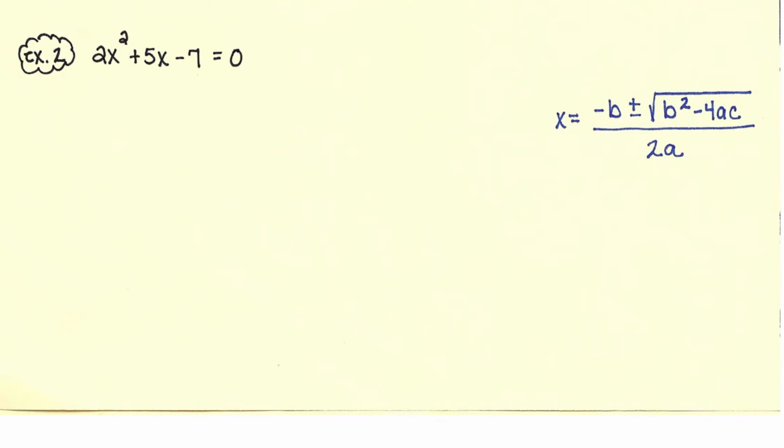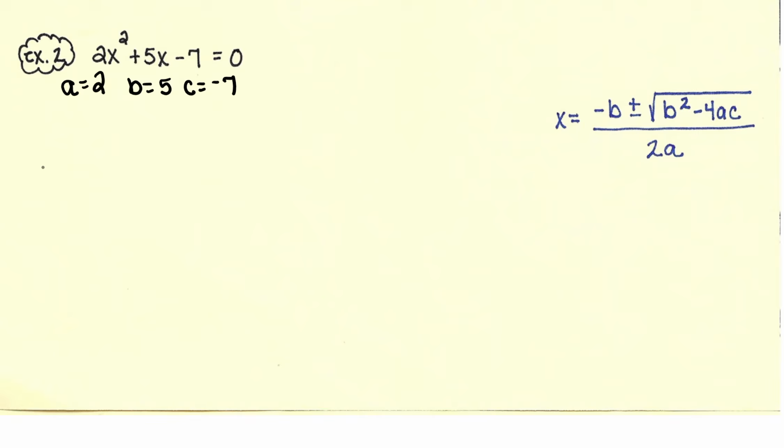I can see on this second example, I'm also already set equal to 0, and I'm in decreasing order. So I could go through and say that a is equal to 2, b is equal to 5, and c is negative 7 again. So here's your formula over here.